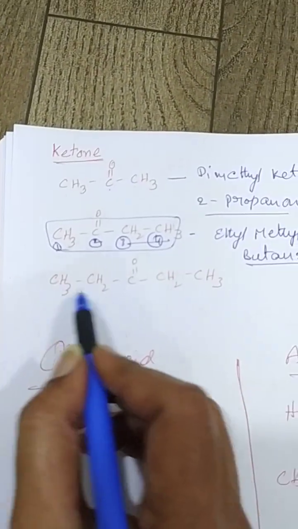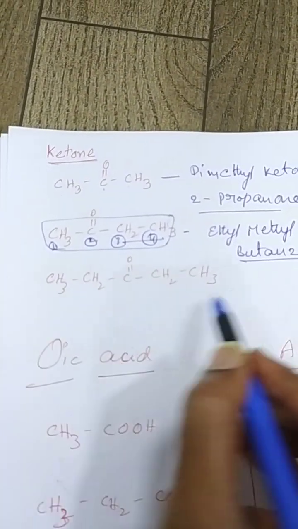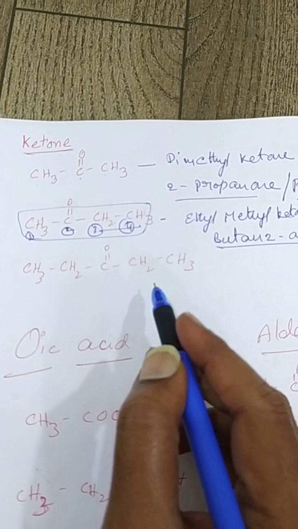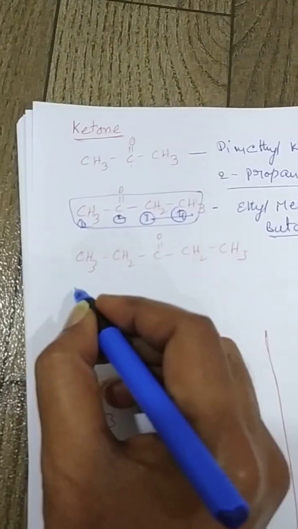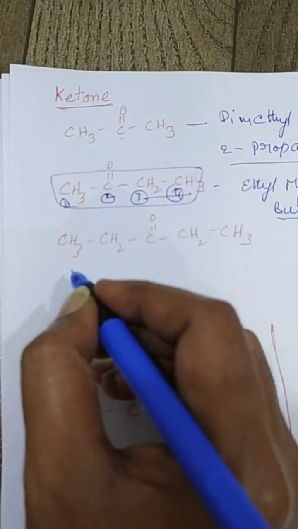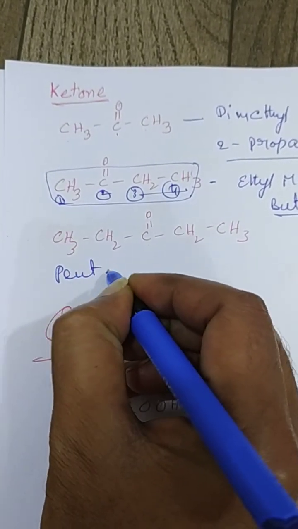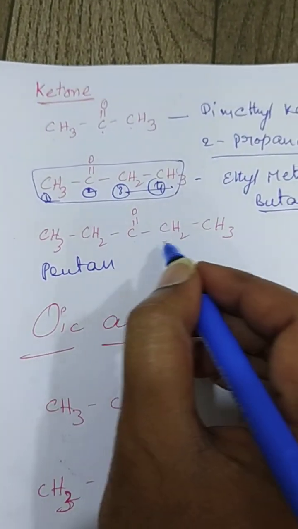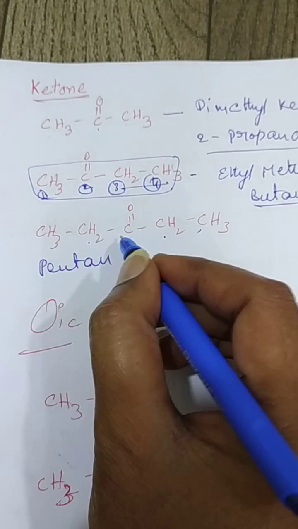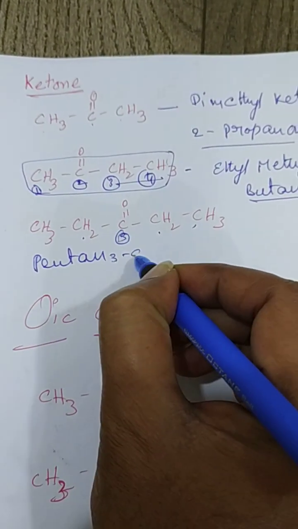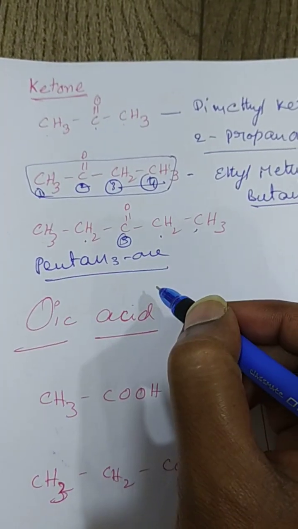Similarly here also. How many carbons are here? 1, 2, 3, 4, 5. 5 carbons, so pentanone. The ketone is at the 3rd carbon, 3-one: 3-pentanone.